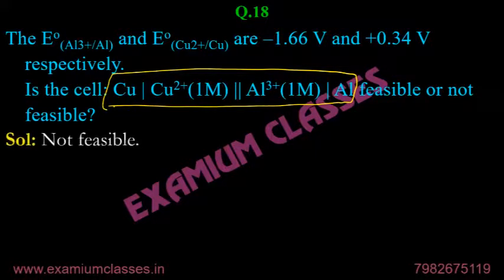Now, this one is not feasible. And how will we find it is not feasible? Because first we need to find out where the oxidation is taking place and where the reduction is. So in the cell representation, it is oxidation, reduction.